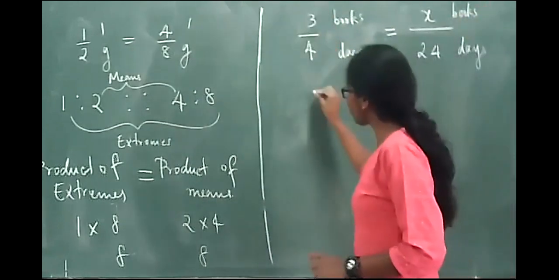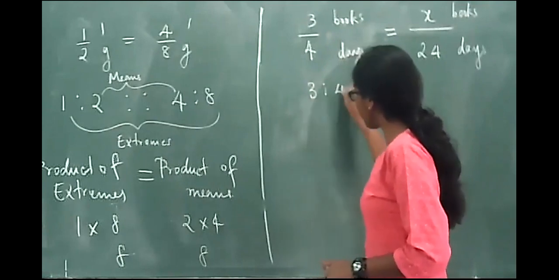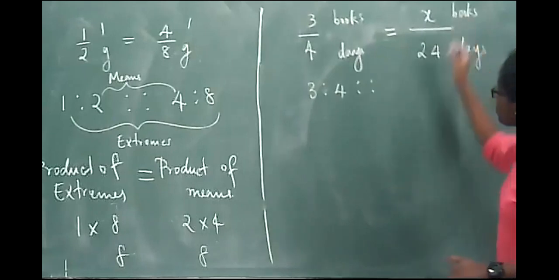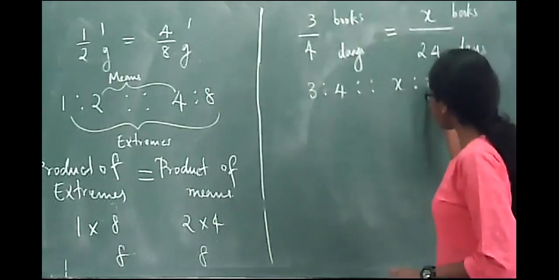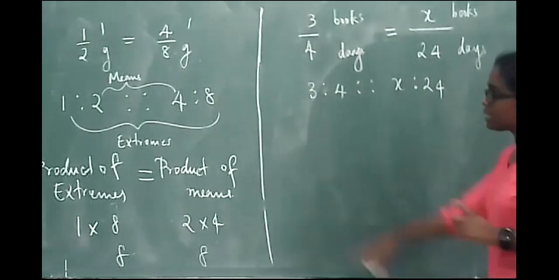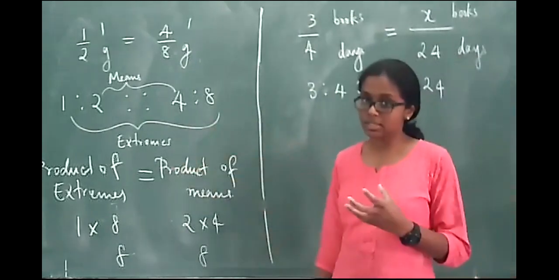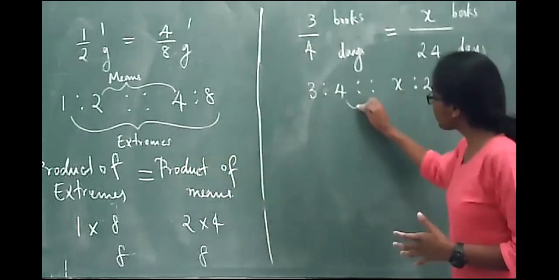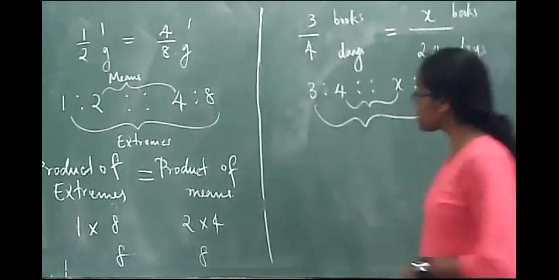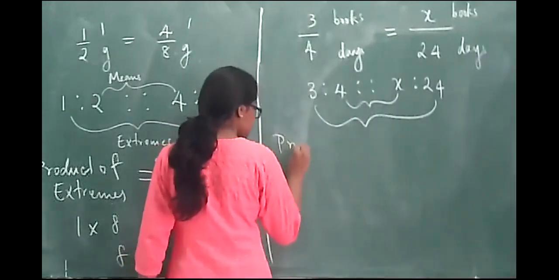So 3:4 is proportional to x is to 24. You should not change the order. Because if we change the order, then the order of means and extremes will be disturbed. So we know that product of means is equal to product of extremes. So what is product of extremes here?